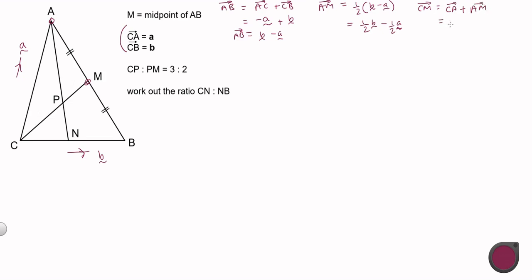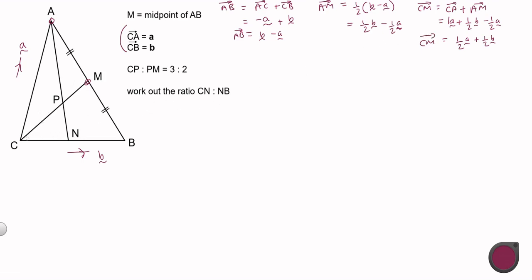C to A, if you look at the diagram, is going in the same direction as the arrow, so it's going to be A plus all of this, A to M. That can be simplified. If you collect like terms, you can put a 1 there if it helps. 1A take away half A is just half A, and then I've got the half B by itself. So that's my vector C to M.